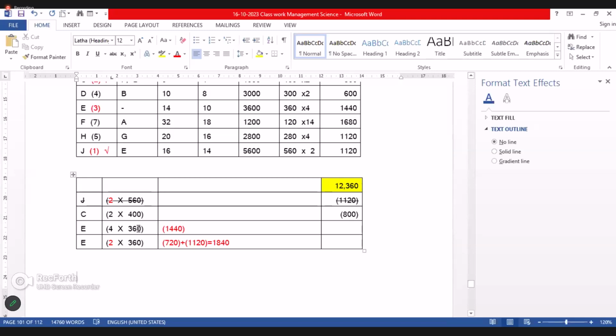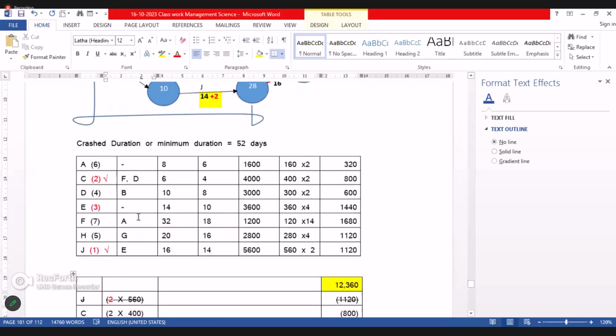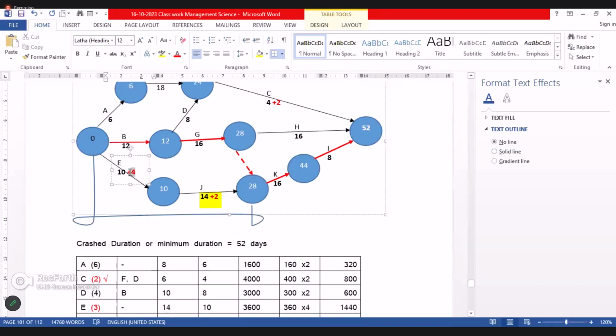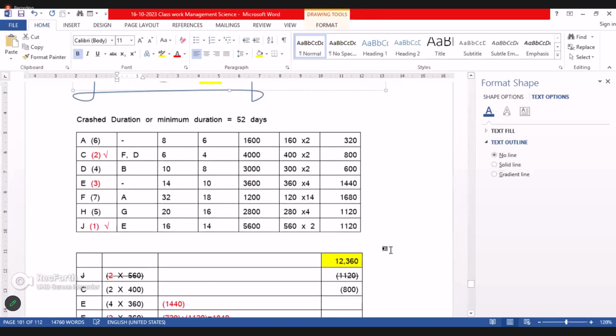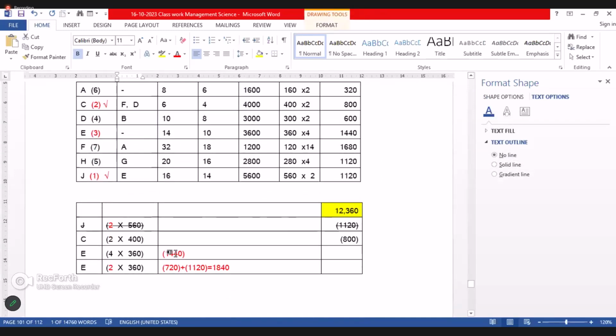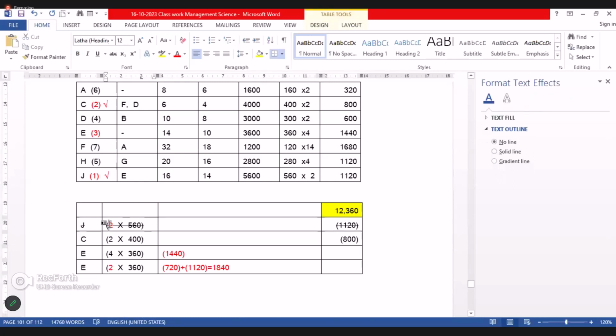If you make the adjustment alone, 4 days here, we can adjust the cost by 1440. Without doing that, making an adjustment of 2 days in J, because it's the highest cost slope.